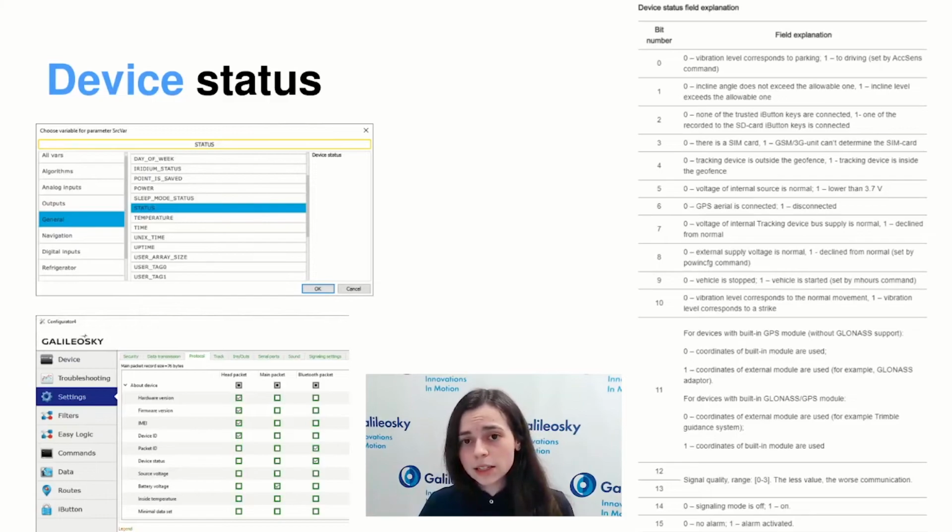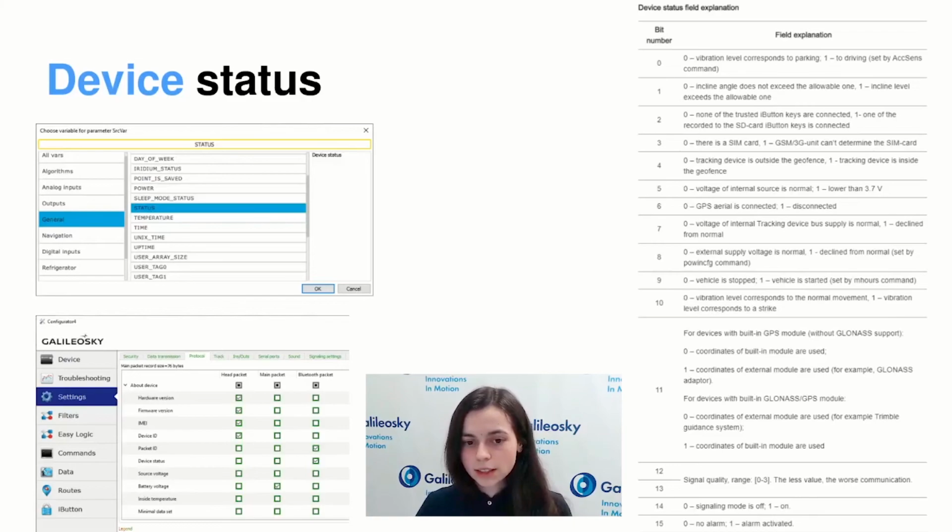Why is it located in our database in the protocol description? Because at the protocol page in settings you can select it. We have the device status here, and if you check it you will get this particular variable on the server side, and you can see that there is a lot of service information.